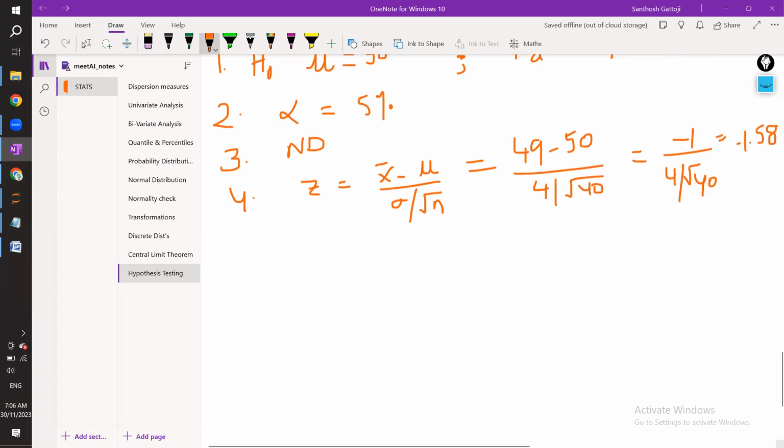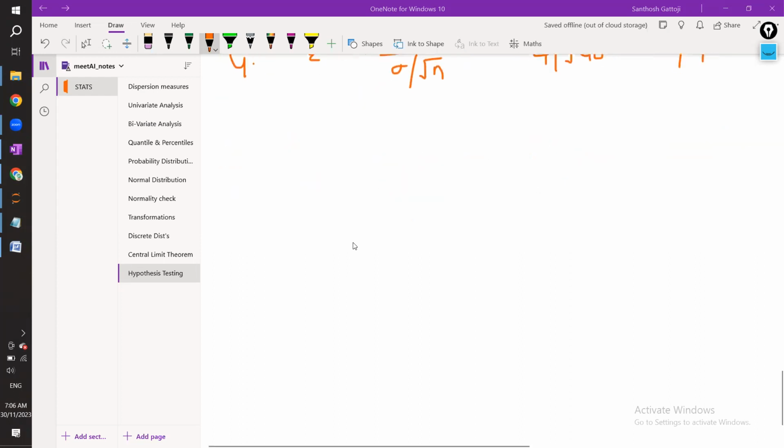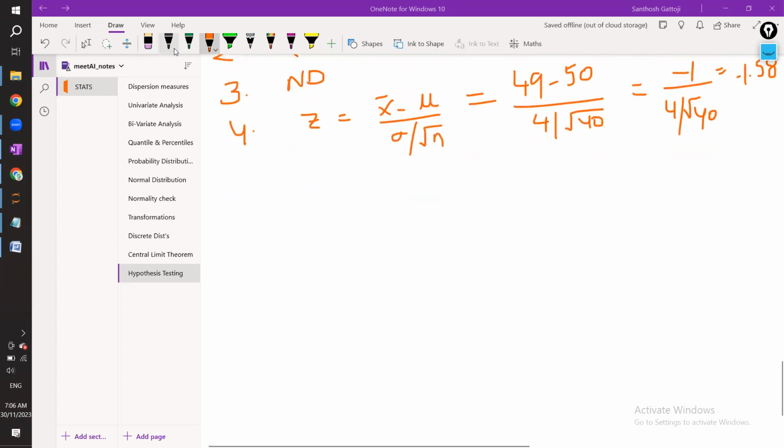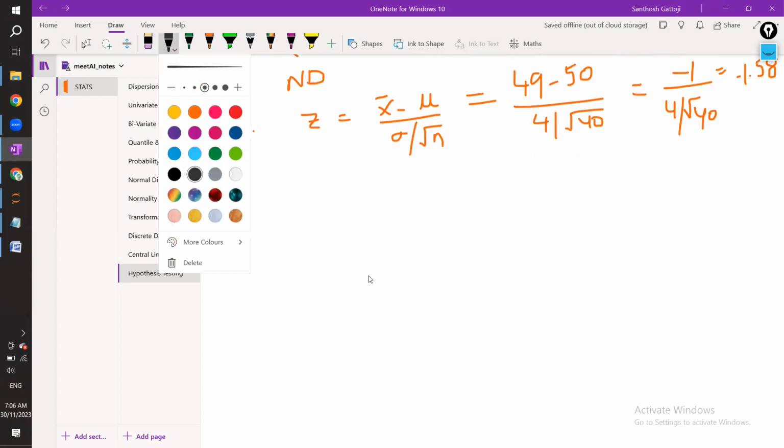Now once we got the test statistic, next we need to go to the distribution and create the critical region or the rejection region. So let me go over here.